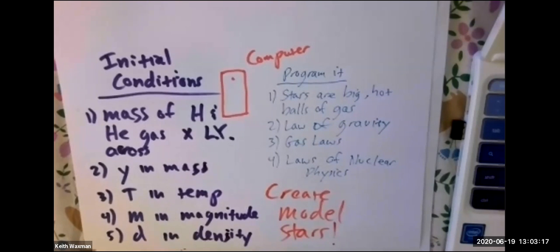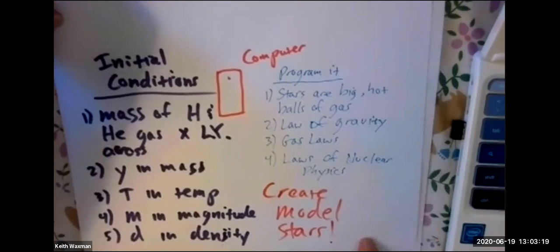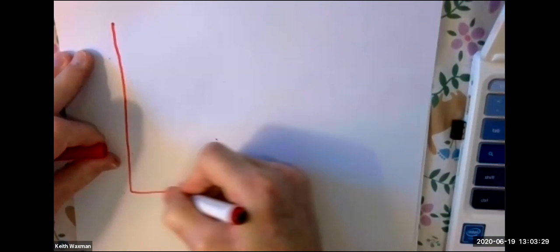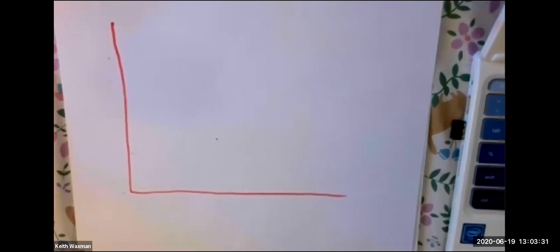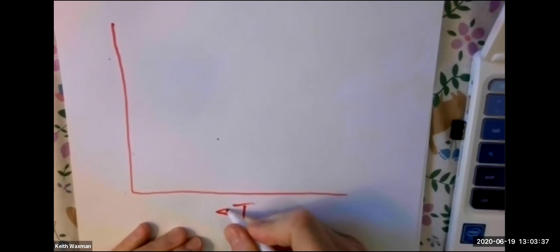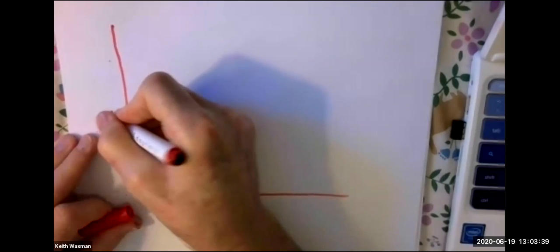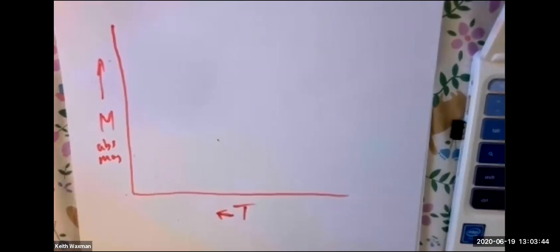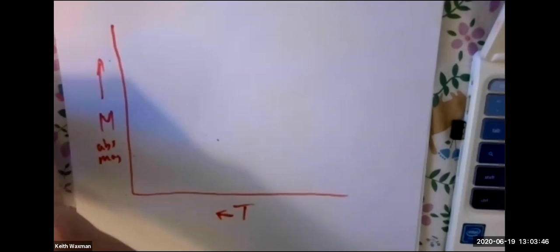A bunch of them. Once we tell the computer to create model stars, we say, okay, computer, on this diagram, show us what happens with these stars. On this diagram, we put temperature here, so let's say the temperature is getting hotter this way, and absolute magnitude getting brighter this way. And you know what the computer shows? This is interesting.